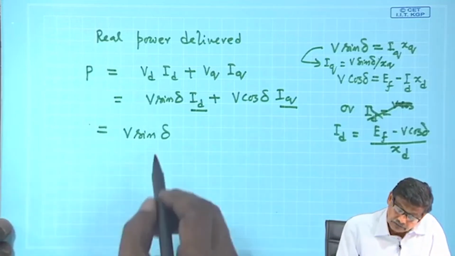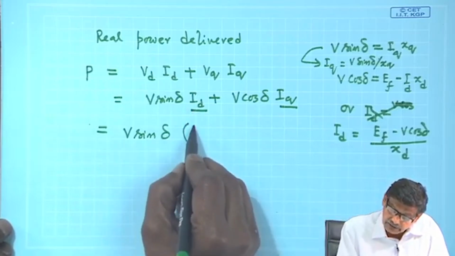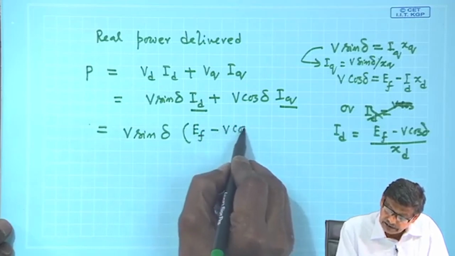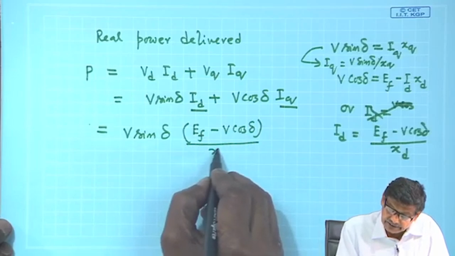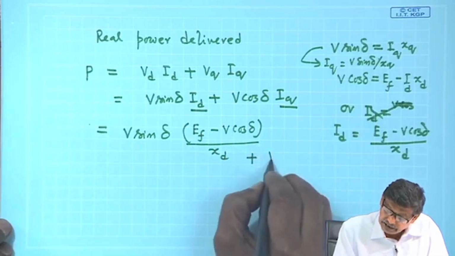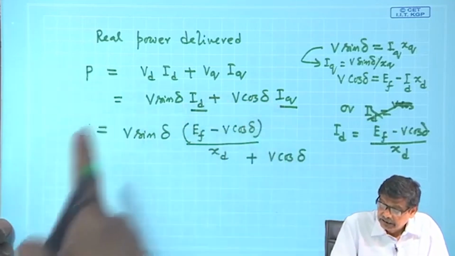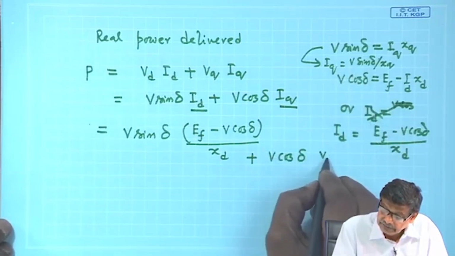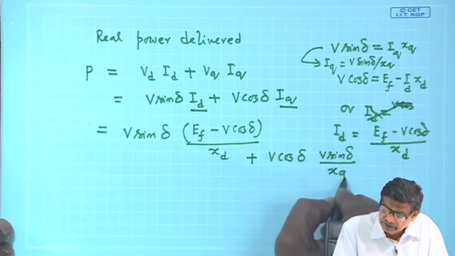Okay. So, V sin delta into ID, that will be equal to (EF minus V cos delta) divided by XD, plus V cos delta into IQ, and what is IQ? IQ is V sin delta by XQ, that is all.